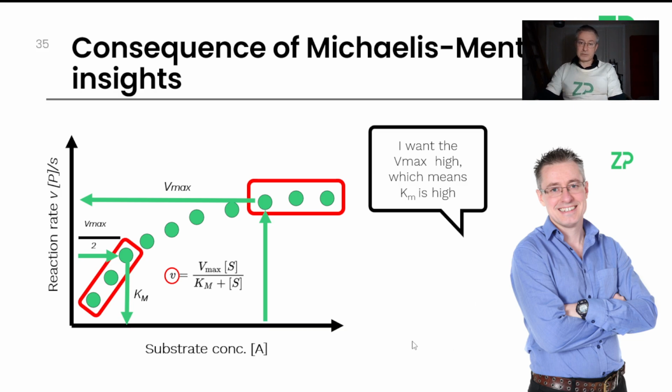The other useful parameter, as I said on the previous slide, is Km, because I quite like a high Km. A high Km is really linked to a high Vmax, but Km is useful because it tells us what the linearity is.